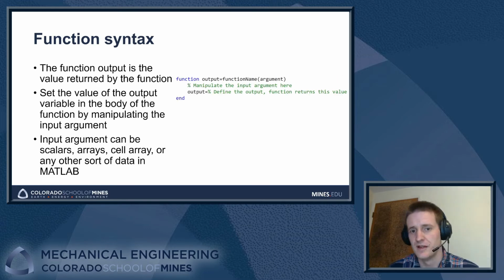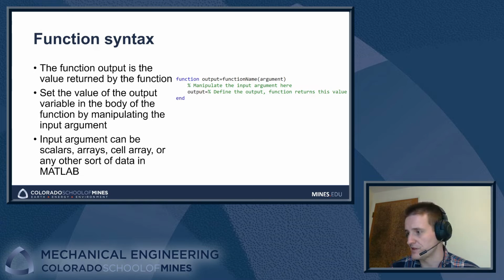All right, so in our code here, we've called our output variable output. That is the value that's going to be returned by the function. So when we call this code, it's going to take our input argument in the parentheses, do something to the input argument, and then it returns the value that we put into output. So when we're writing our code, we write whatever we need to do with the arguments.